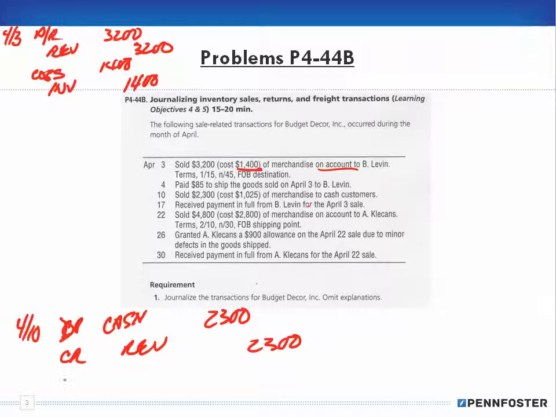Of course, we have to take it out of inventory, so that's basically the same entry that we have there. I'm going to debit my cost of goods sold and credit my inventory in the amount of 1,025. And so that's that journal entry.